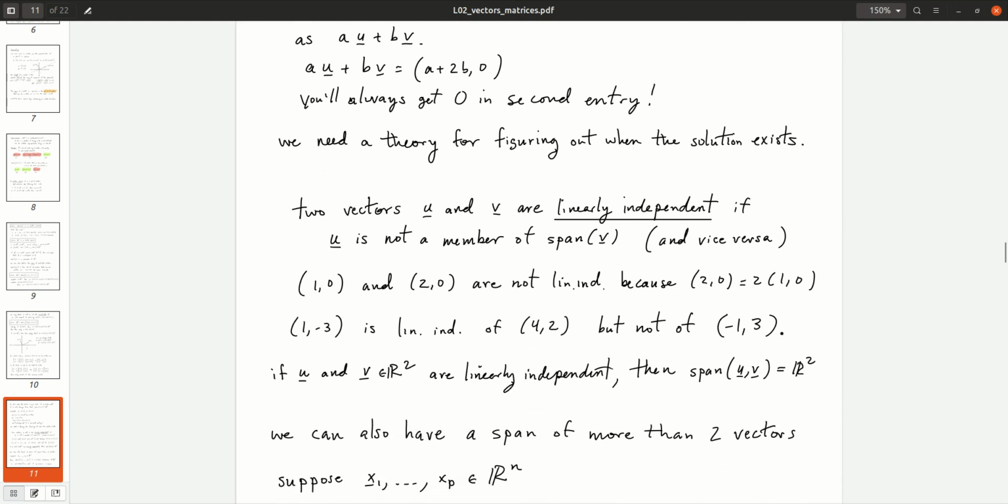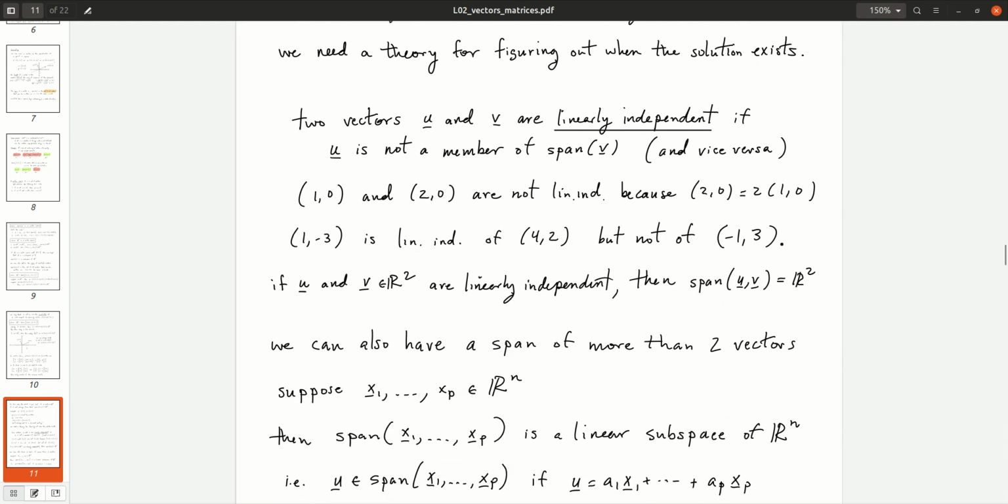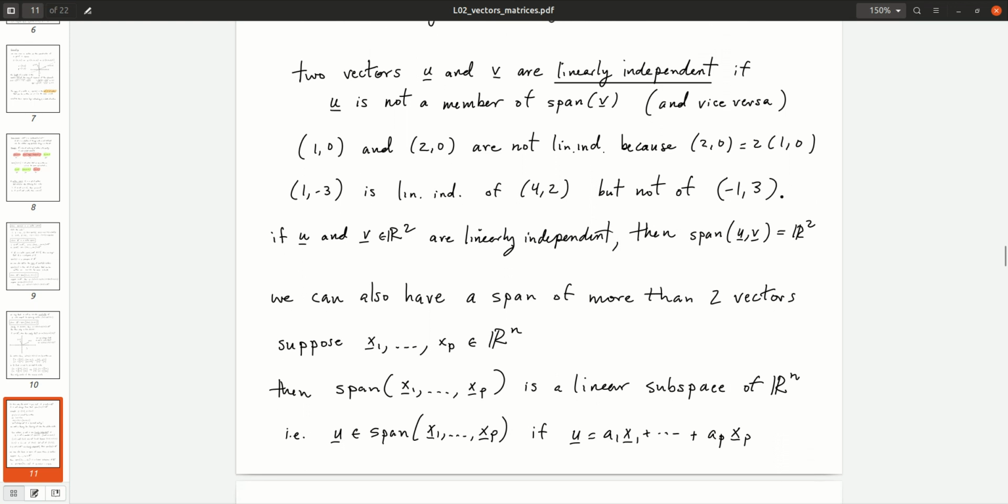And just a little bit of a preview of what's to come, we're going to introduce the idea of linear independence for a set of two vectors. What's coming is we're going to define linear independence for a set of n vectors, an arbitrary number of vectors. But just to see how this works and give a little intuition, we're going to define what it means to be linearly independent for a set of two vectors.